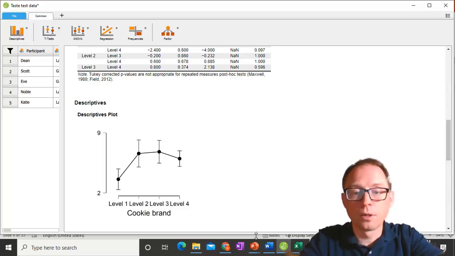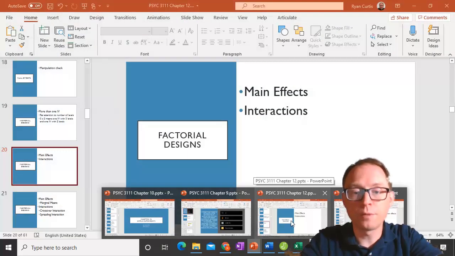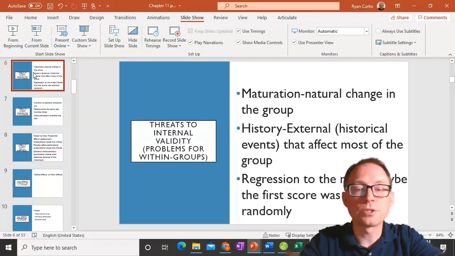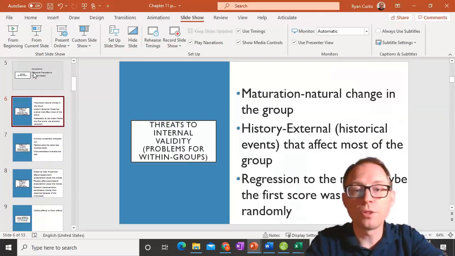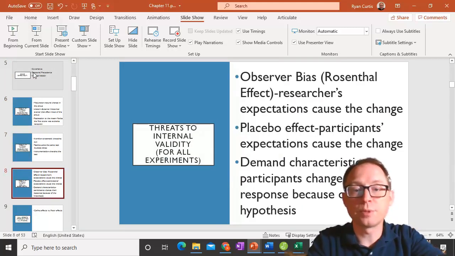Now, in this particular case, this was a repeated measures design. So that means that we could theoretically have had all of these things: maturation, history, regression to the mean, attrition, testing, instrumentation, observer bias, placebo effect, demand characteristics.